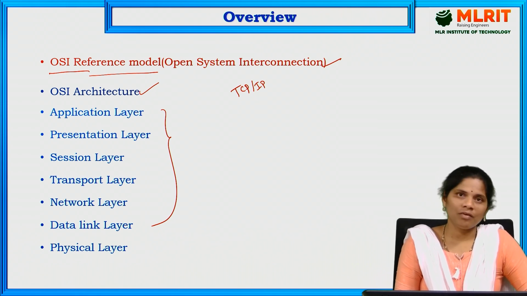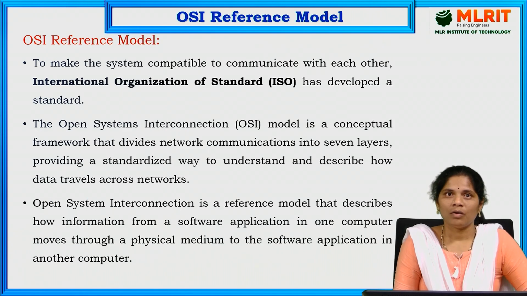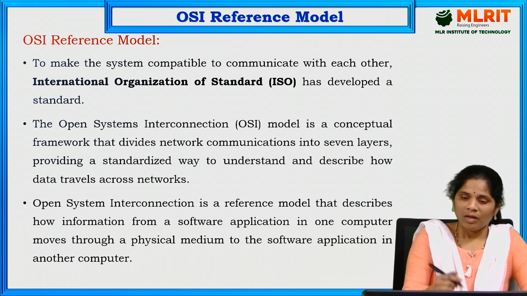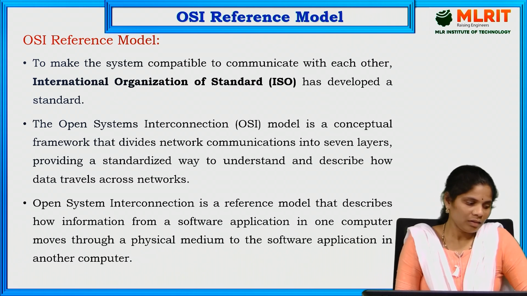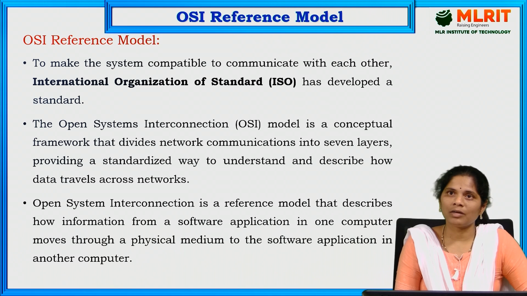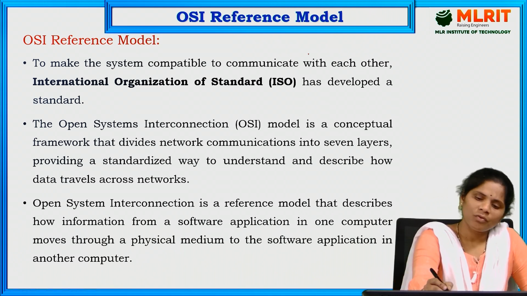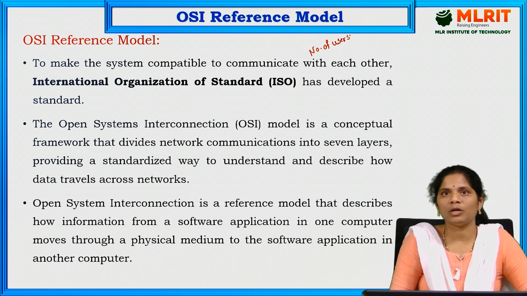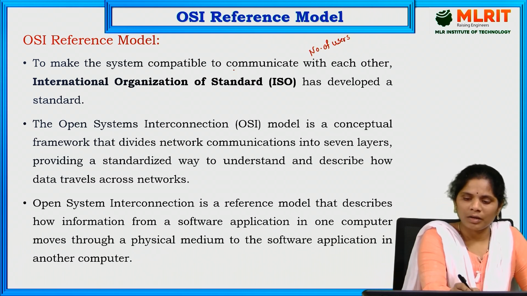First, let us see what the OSI reference model is. OSI is nothing but Open System Interconnection. In today's world, everyone is connecting to the internet. A number of users are there, and all of them are connected to the internet, which means they are communicating with each other.